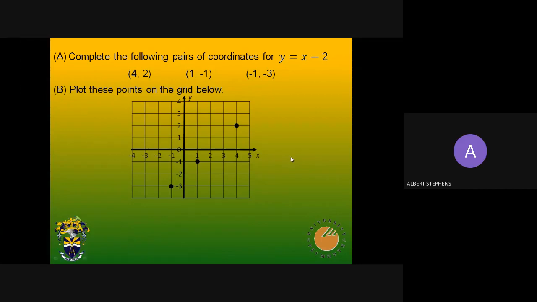And then you draw a straight line through them. That's a straight line. Any questions? Anybody lost? All right, let's move on.